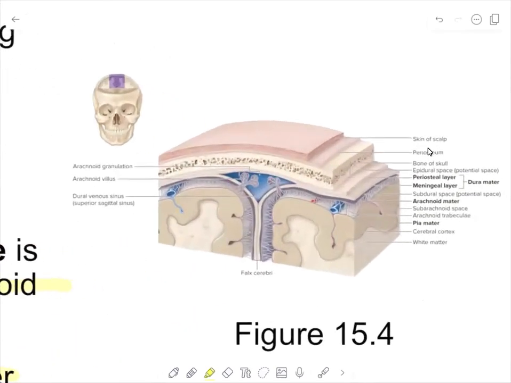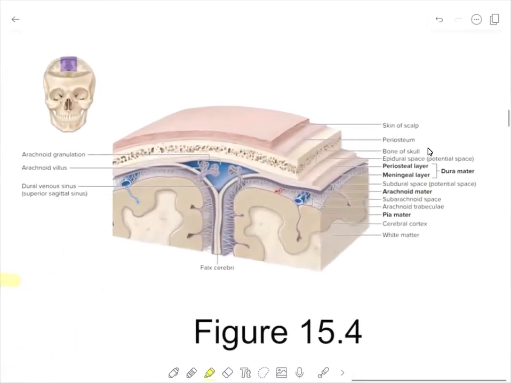Let's zoom in on the diagram to the right here, and we can see the outermost dura mater has two specific layers that make it up. You can see that it is directly deep to the bone of the skull. And directly on top of that is the epidural space.